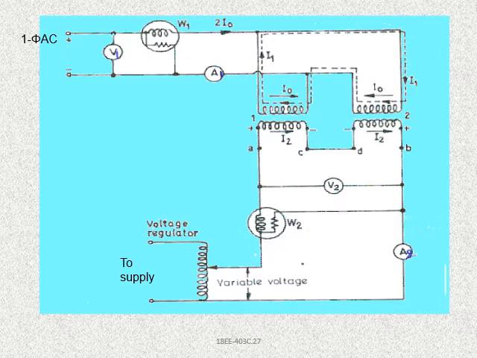It is also connected in parallel. That is indicated as W1, which is used to measure the power, and the voltmeter is V1 and the ammeter is A1. So these are connected on the primary side, and are called V1, W1 and A1.